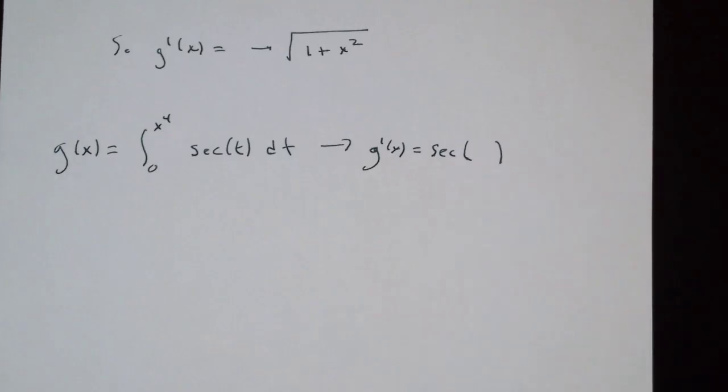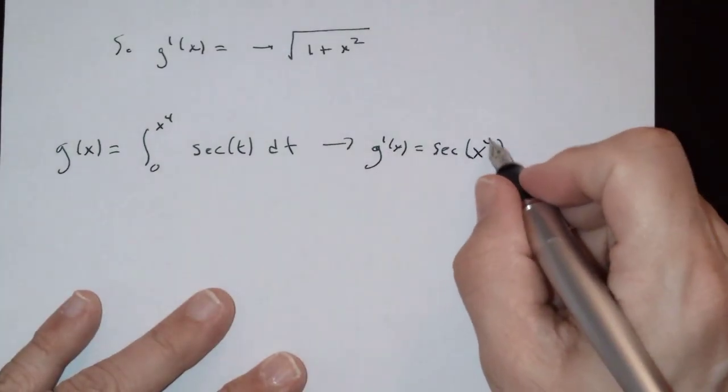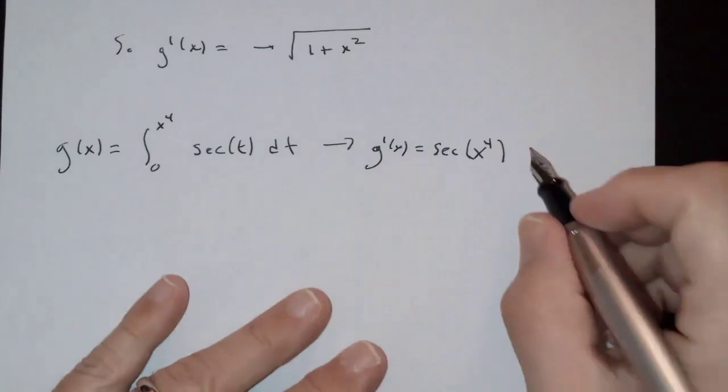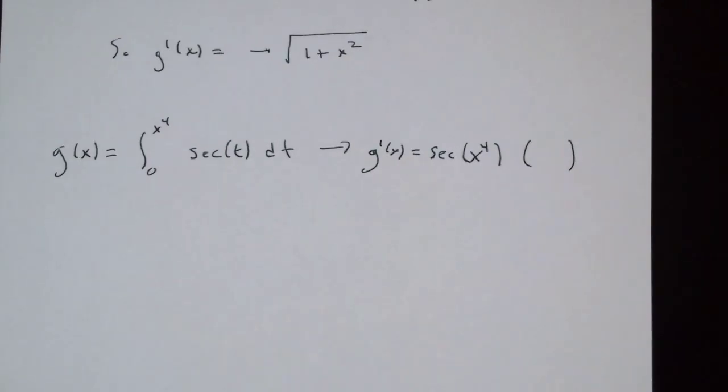Okay, so if I put x to the fourth there, my brain says, that's not just an x, that's stuff. And I hear in my crazy infomercial voice, but wait, there's more. Oh, crap. What's supposed to go there? What rule am I invoking when I say that phrase? The chain rule.